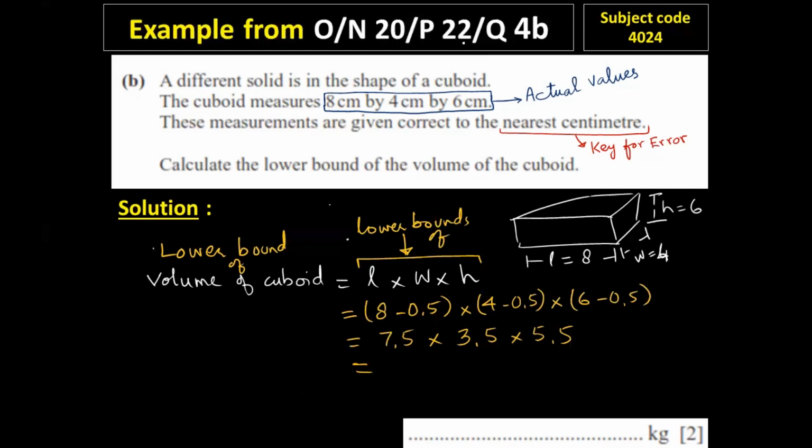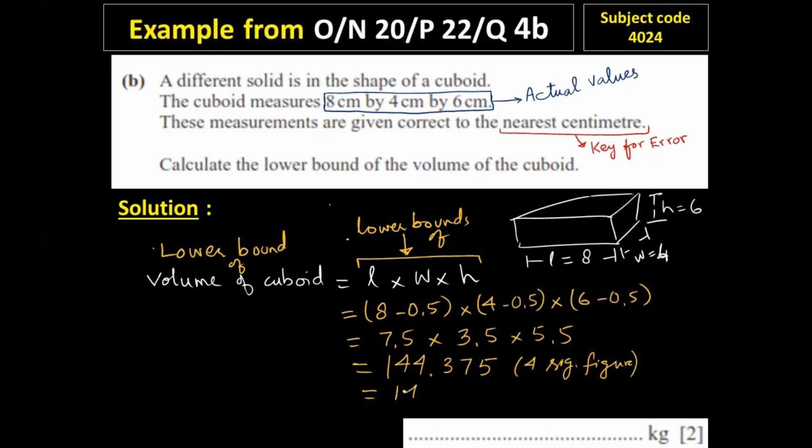It is a paper 2 question here. You can use calculator. So answer will be 144.375. This is your fourth significant figure. Requirement of paper 2 is 3 significant figures.